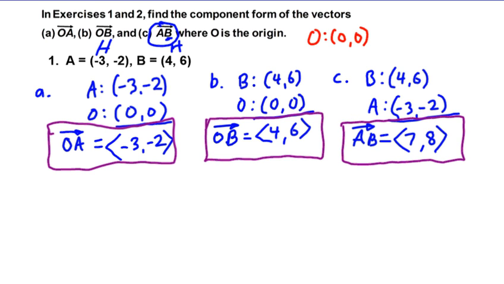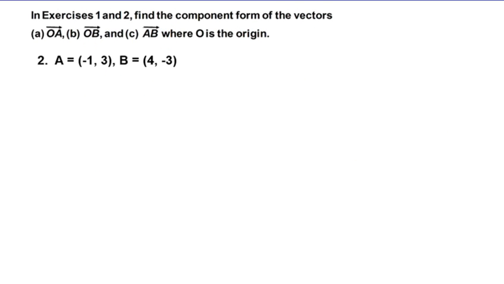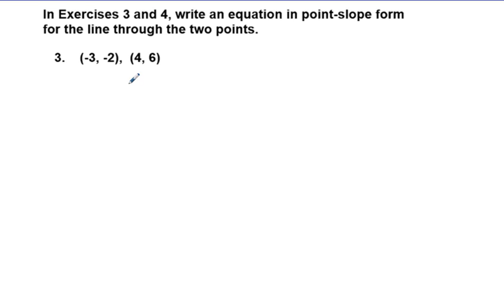Next, odd number problems. Number 3, write an equation in point-slope form. Well, what is point-slope form? It's the equation y minus y sub 1 equals m times quantity x minus x sub 1.